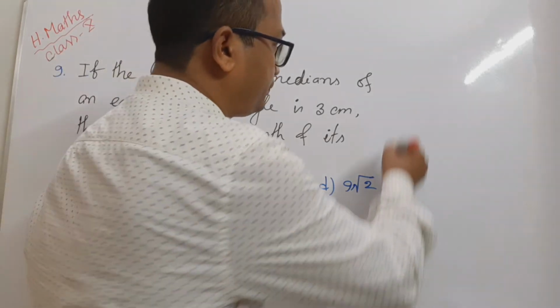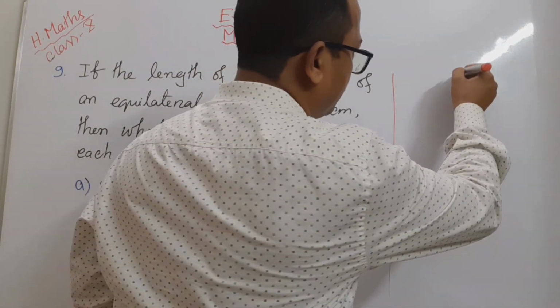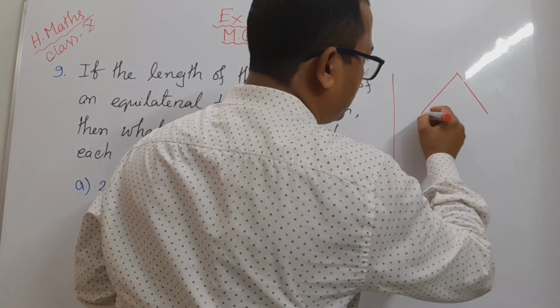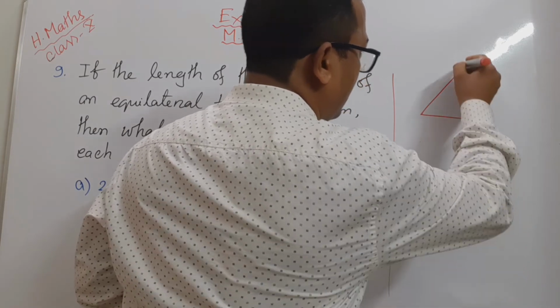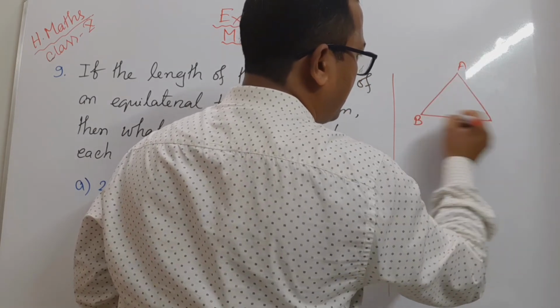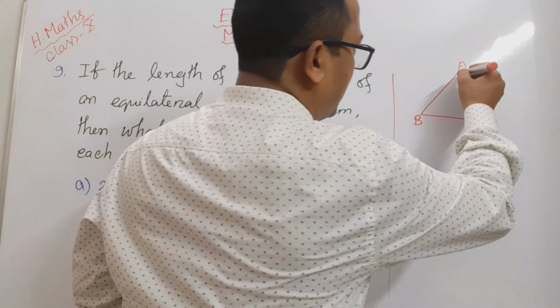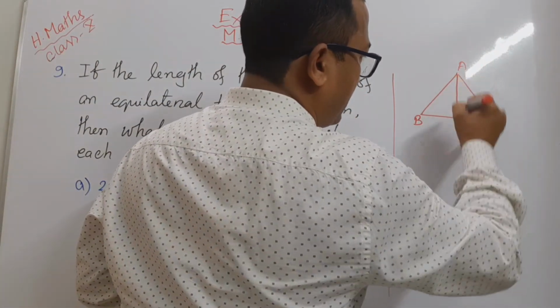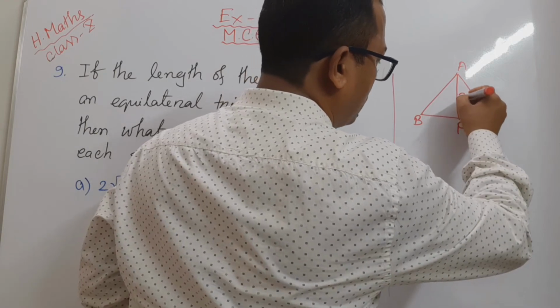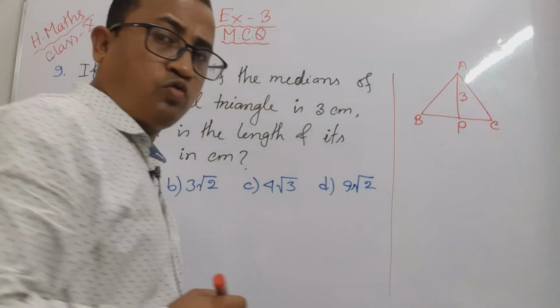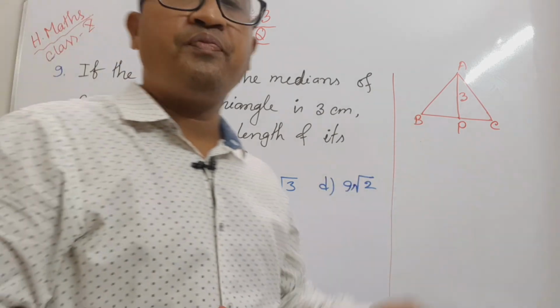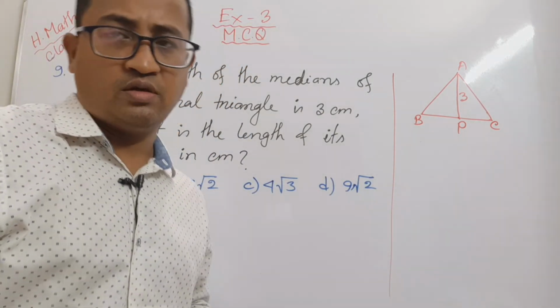Say ABC is an equilateral triangle, and the median AP is equal to 3 cm. We will find out the length of any side of this triangle.